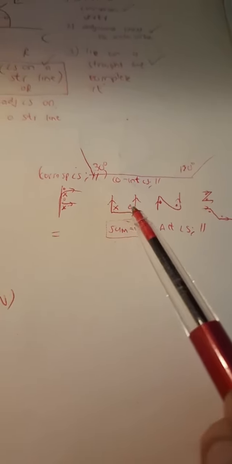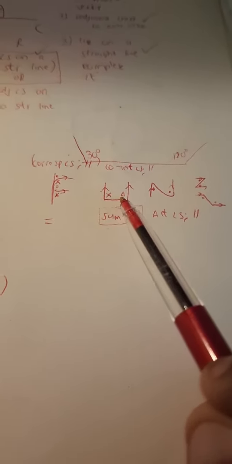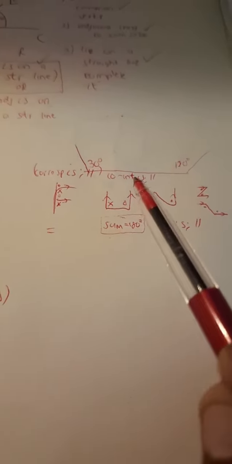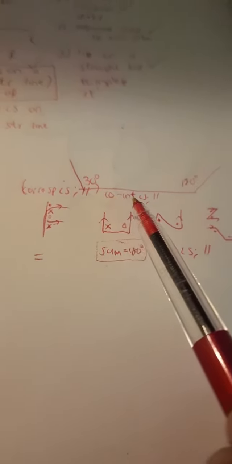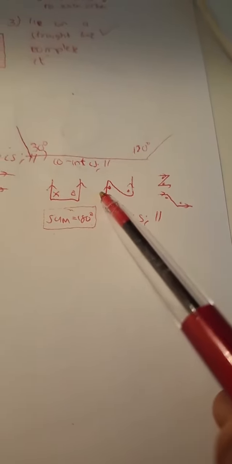Whenever you are identifying co-interior angles and the sum of these armpit angles gives you 180 degrees, please write co-interior angles, but don't forget to state the lines that are parallel. Whenever you see the N or the Z effect relationship and these angles are alternate, whenever you state why the angles are equal, make sure that you write the reason and include the lines that are parallel.